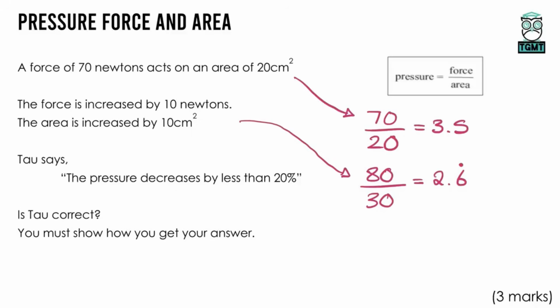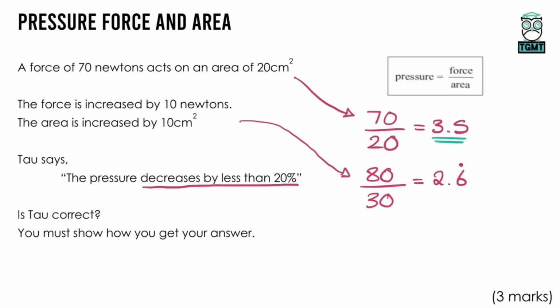It says Tau says the pressure decreases by less than 20%. So let's just have a look. If we work out 10% of the pressure up here, 3.5, and then double that, or just work out 20%, and subtract that from 3.5, we can compare it to this 2.6 recurring, and then we'll decide if it's more or less.